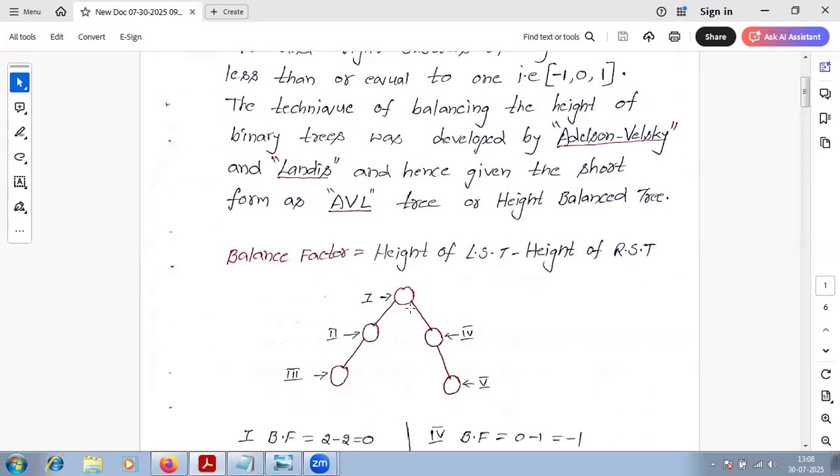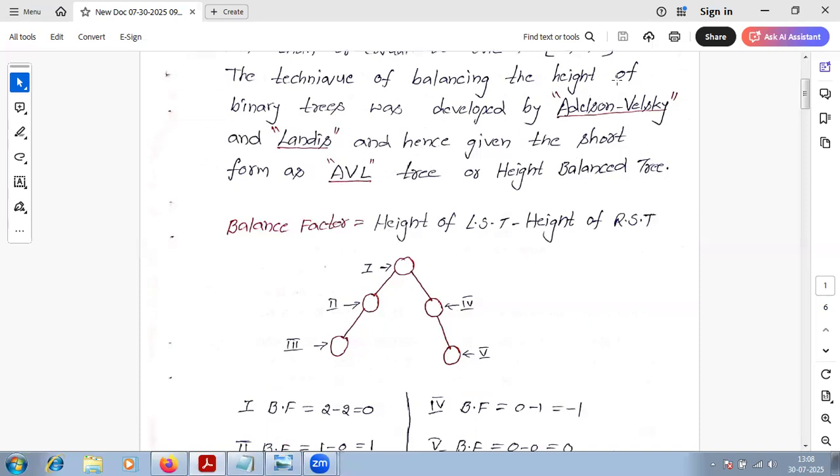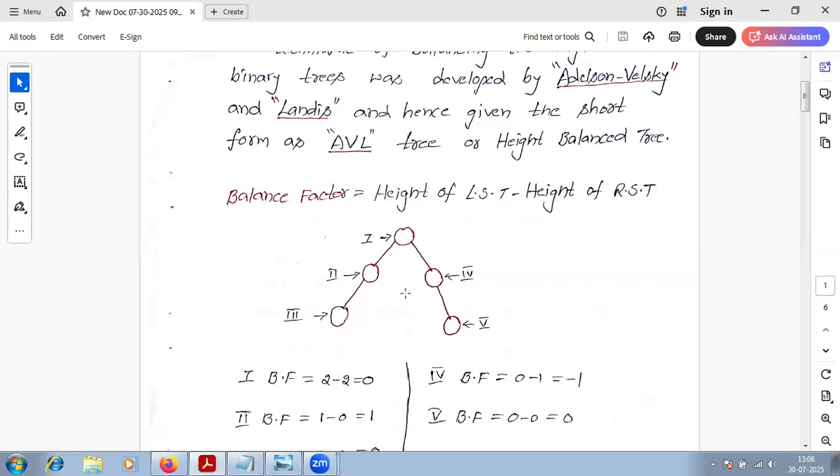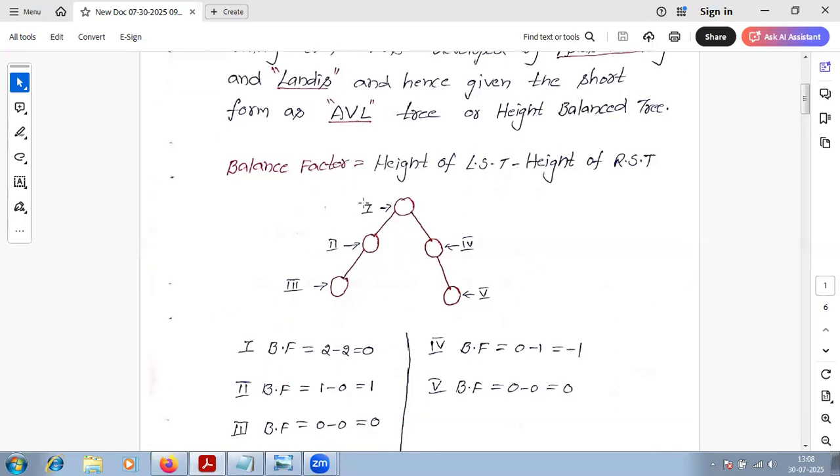If all the balance factors of these nodes satisfy these values, then we can say this tree is an AVL tree. We'll check the balance factor of every node.